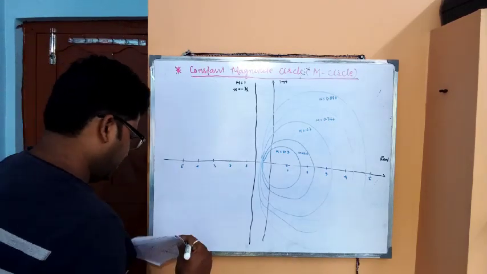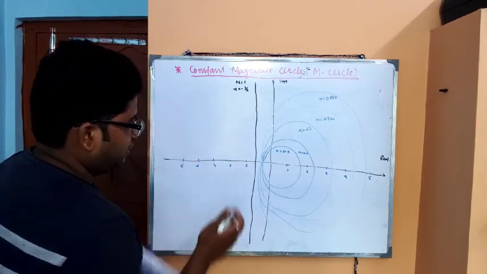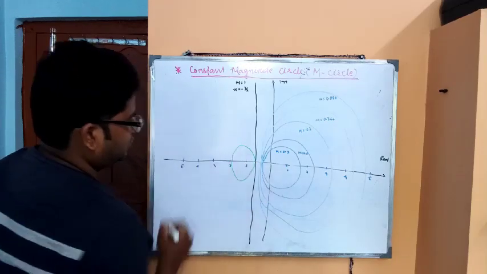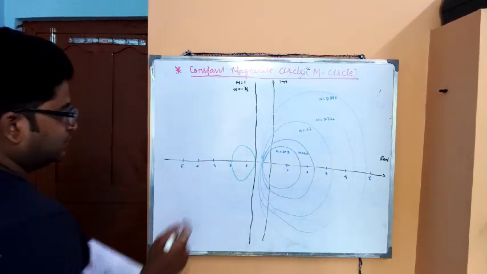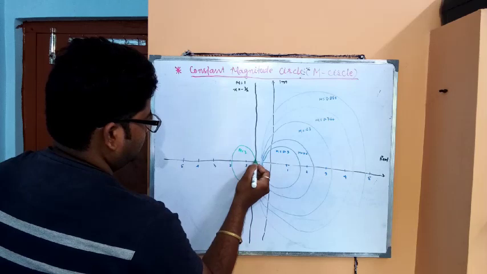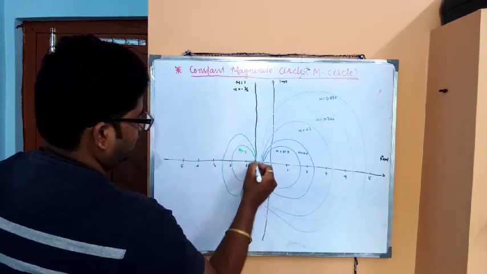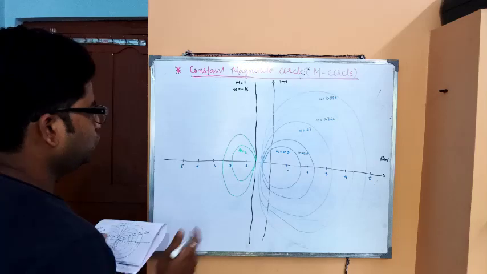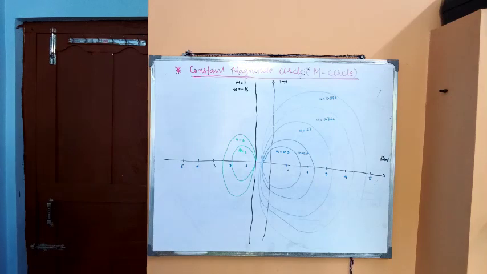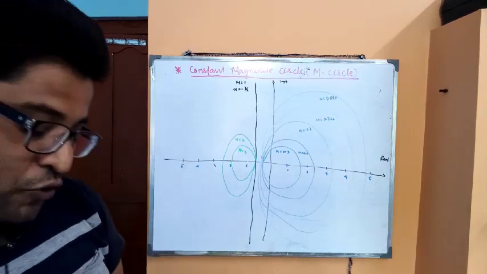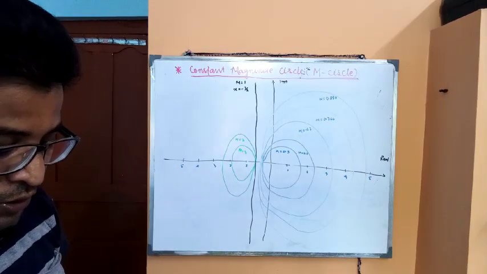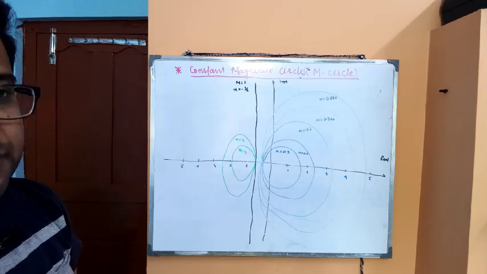For the 10th value, when M is equal to 3, this circle will be represented like this. So here M is equal to 3. Now the 9th value, when M is equal to 2. With respect to M equal to 2, the coordinate of the center is minus 1.33, 0, and the radius is minus 0.66.